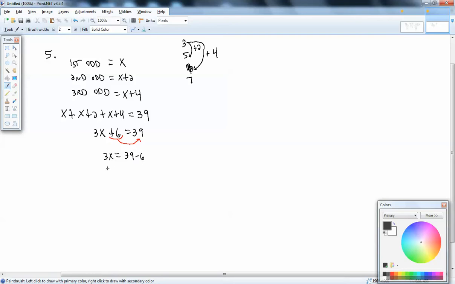It becomes a negative 6. 39 minus 6 is 33. And then last step is to divide both sides by the number in front of your x. So divide both sides by 3, and we get x is equal to 11. Okay, so if this one's 11, then this one has to be 13, and this one has to be 15.